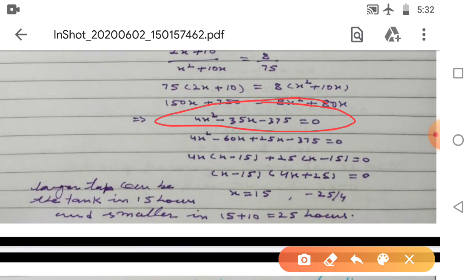4x square minus 35x minus 375 is equal to 0. Now, by splitting the middle term you can do this.